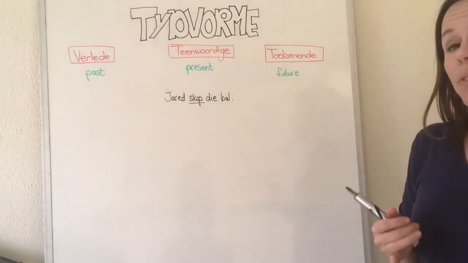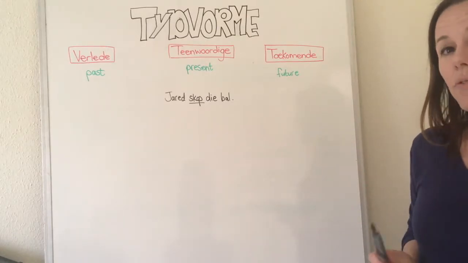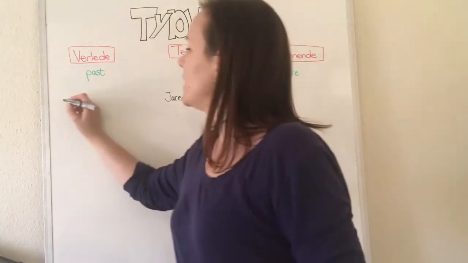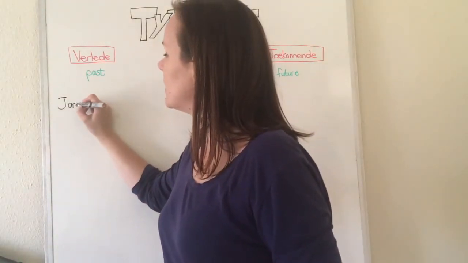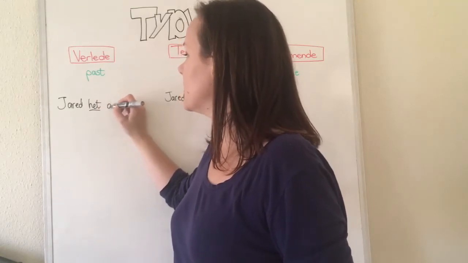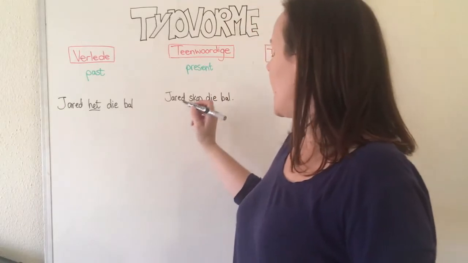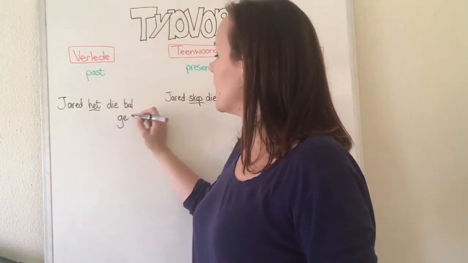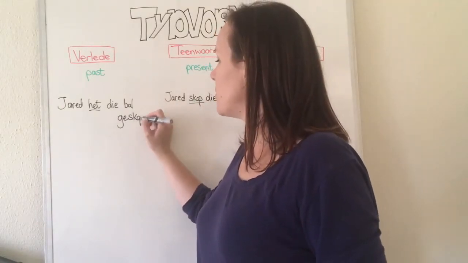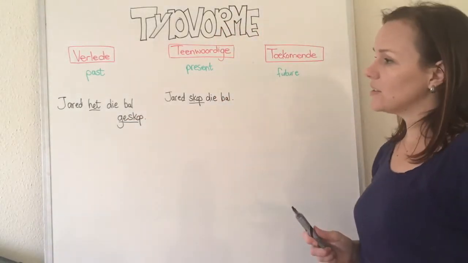We have to move the verb to the end of the sentence and we're going to put ge in front of the verb. So it becomes Jared, which is the subject. Then we add het. Then we have the rest of our sentence, die bal, and then we have ge and our verb at the end. Geskop.